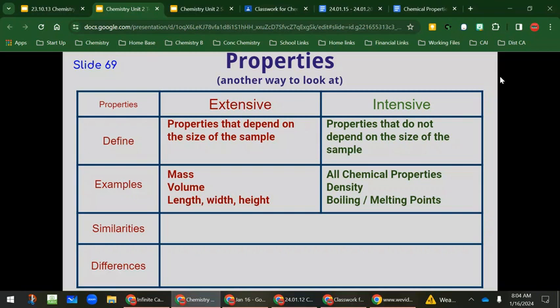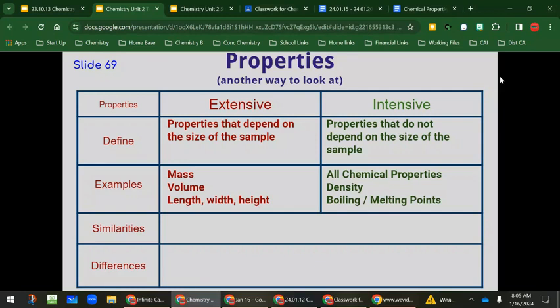Then there's what is called intensive. Intensive properties do not depend on the size of the sample. These are the properties that are more useful to us in identifying things. Why? Because if you're looking at identifying if that substance is water or alcohol, the fact that its boiling point is different no matter how much of it is there means that we can use that to help determine what it is.